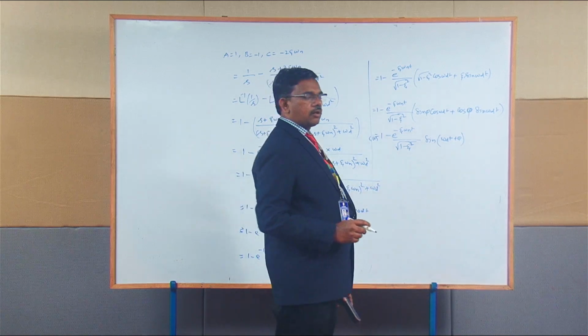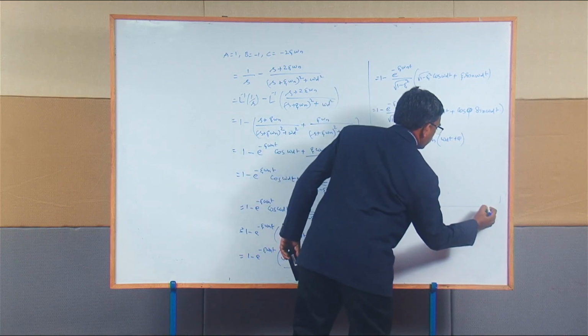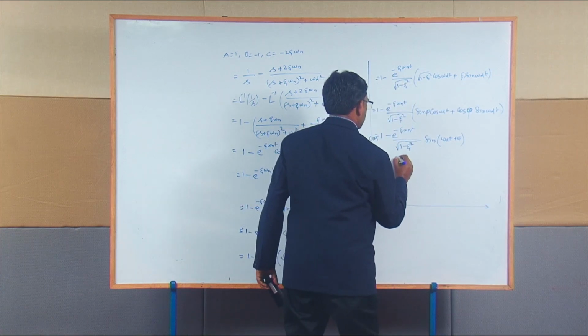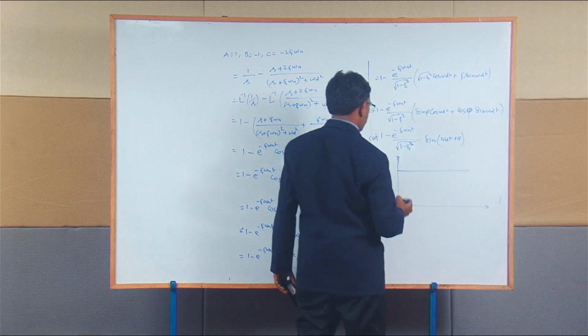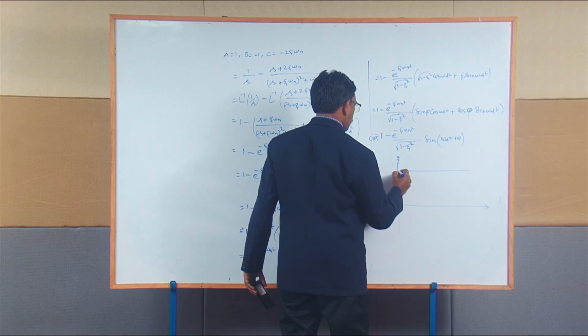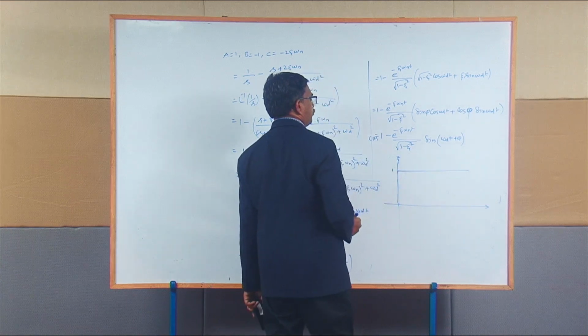If you draw the diagram for various values of time t, when you apply a unit step input, the magnitude will be 1.